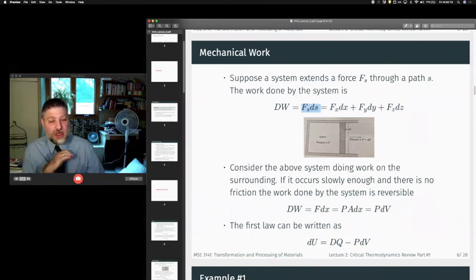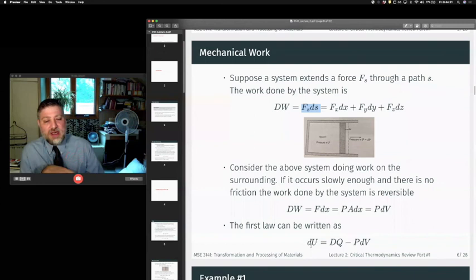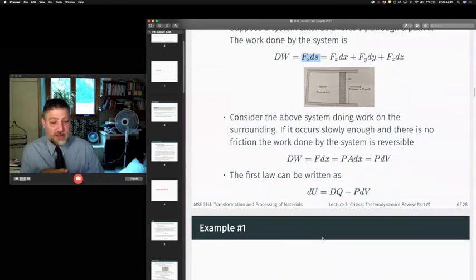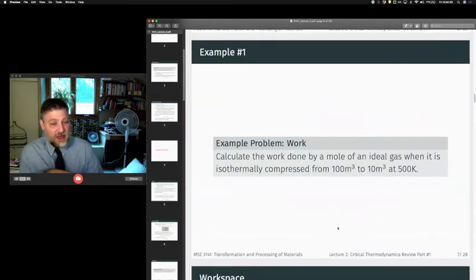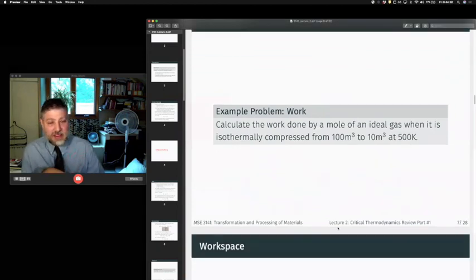Pressure volume work, everyone's familiar with this. And provided these changes are reversible, we can then write our first law as our change in internal energy is our change in heat minus PdV, right? Hopefully nothing surprising here. Okay, so here's just an example that I wanted to do, right? We'll get back to this real fast.